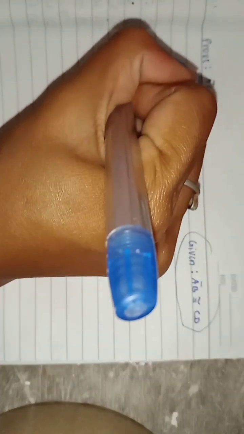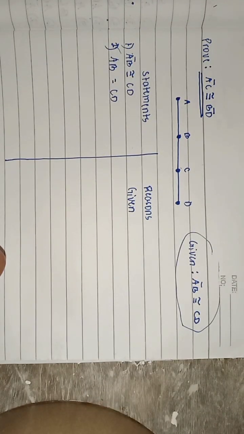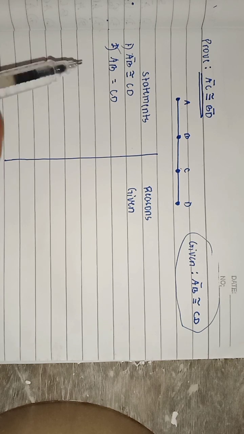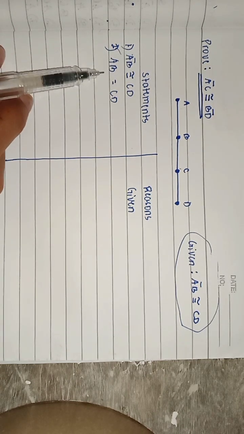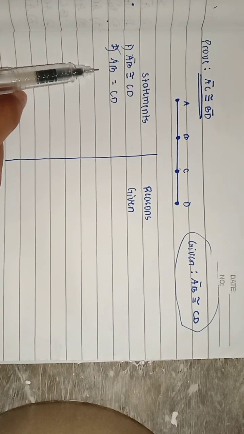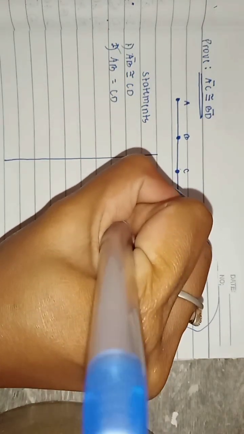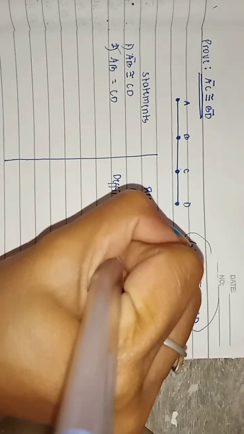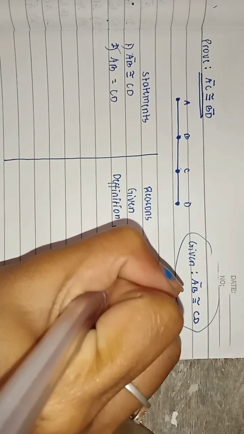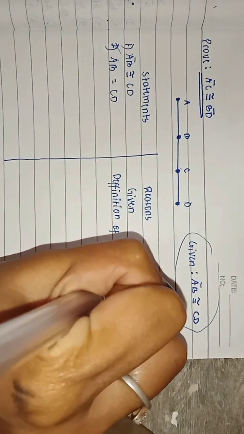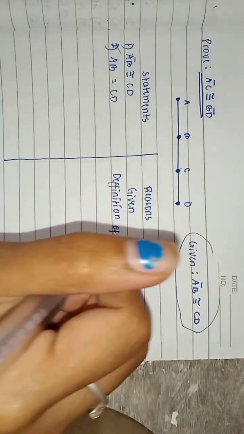So AB is equal to CD. Then, what is the reason for this? For this situation, we can say that it is the definition of congruent segments.